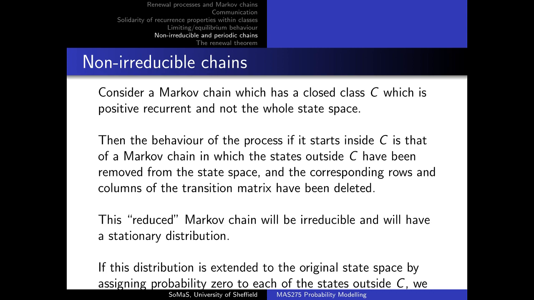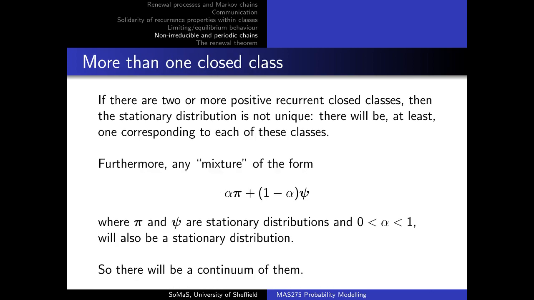And what about the case where there are 2 classes, for example, or even more, but let's stay with 2. If there are 2 or more positive recurrent closed classes, then it's kind of like what we said before. If you're in one of those classes, then you are a Markov chain which is irreducible, and we know what to do. You have a unique distribution. So we can understand what's going on inside each of those classes.